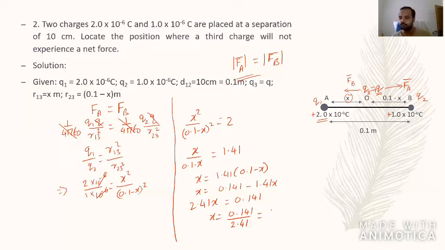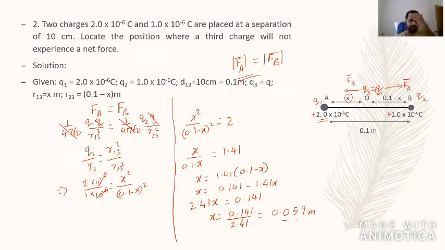So the value turns out to be 0.141 divided by 2.41, which is equal to 0.059 meter.